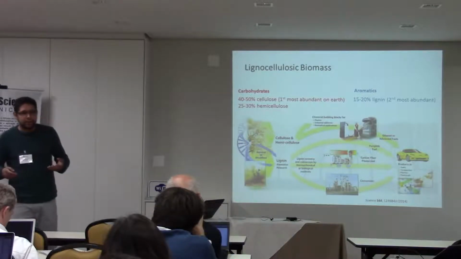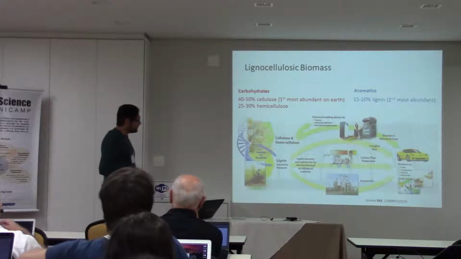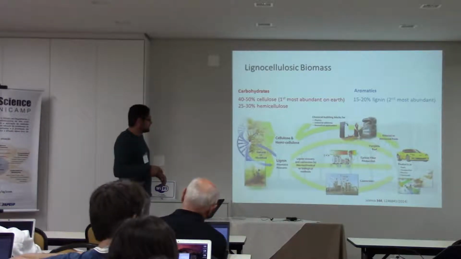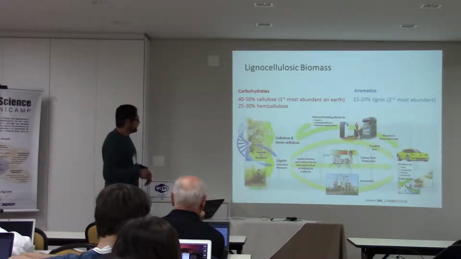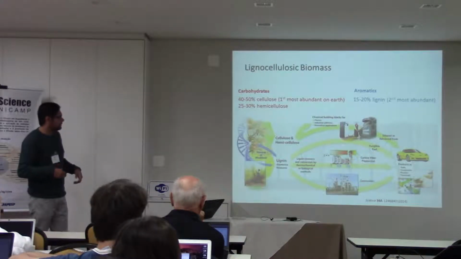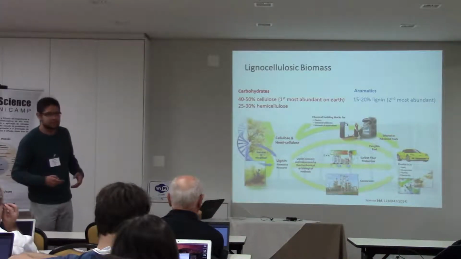You can make building blocks for a lot of different things. Here we have a scheme, so you can see how different things can be built in a sustainable way from cellulose, hemicellulose, and lignin, which are the components of the cell wall.